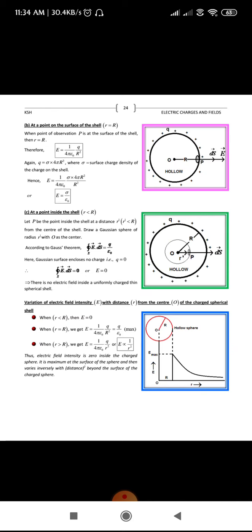Okay, in that case you can see that, at the first case, when will this electric field be maximum according to you? Just go through all the three cases, case A, case B, case C, and tell me in which case the electric field will be maximum.